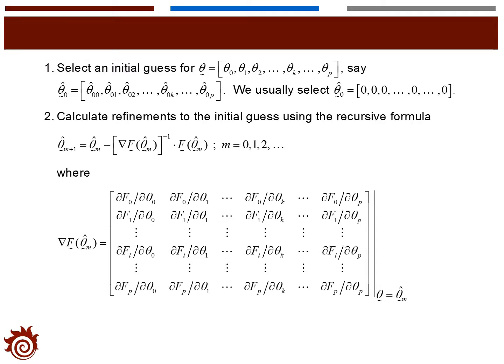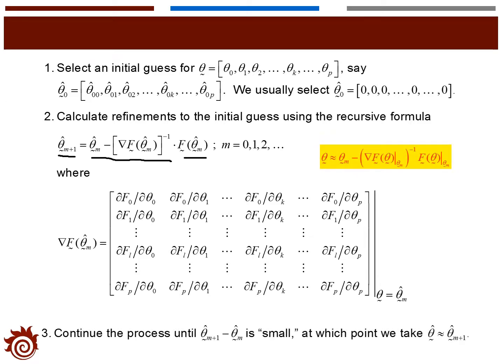That is, theta m plus 1, the parameter we're going to estimate for the next iteration, equals theta m minus lambda F theta m inverse times F theta m. And here you need to find lambda F theta m, which is the most difficult part of this iteration.